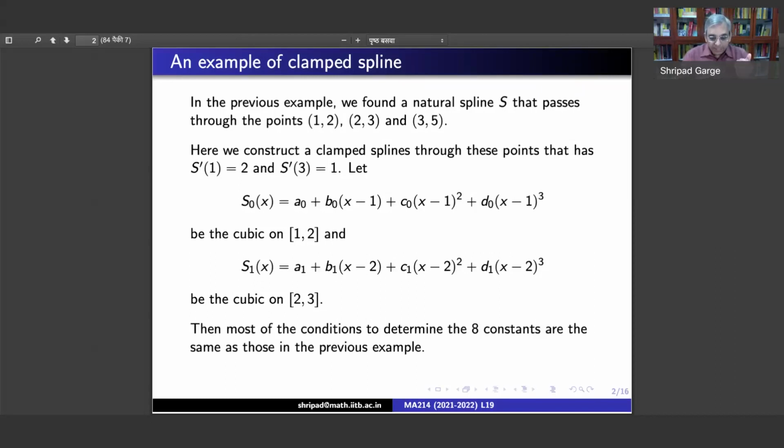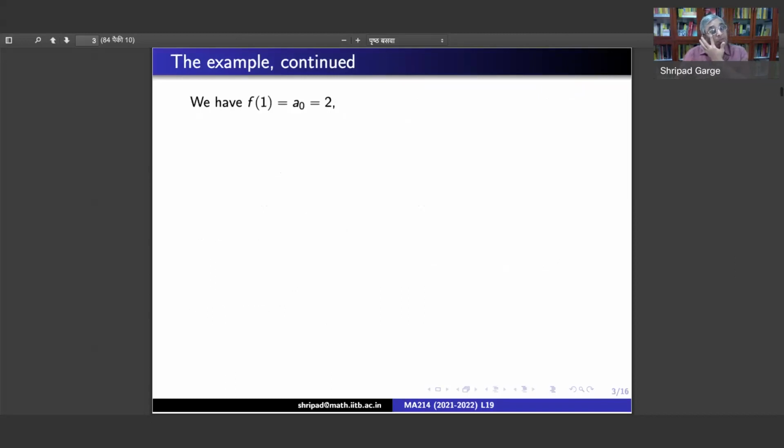If you remember them, those were the conditions where we had the function value at 1, which if you evaluated on S0 would give you simply a0, and that is equal to 2. The function value at 2, which you could evaluate on both the cubic polynomials, would give you a0 plus b0 plus c0 plus d0 equal to 3, and it also gives you a1 equal to 3.